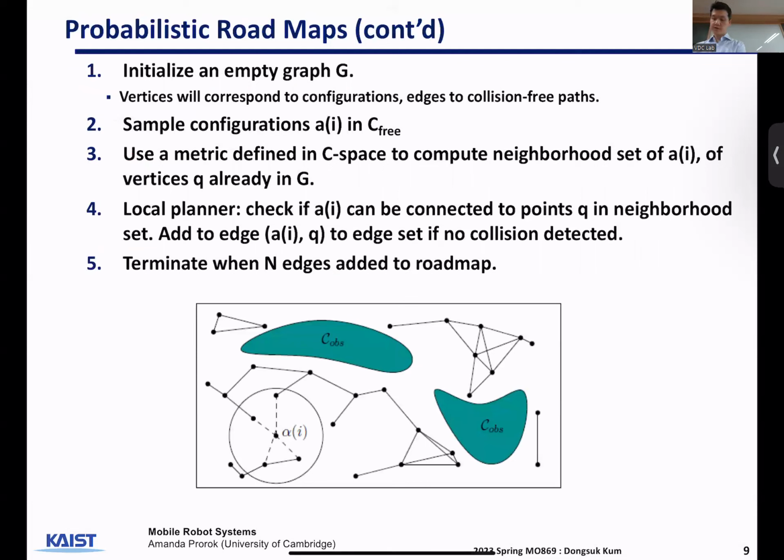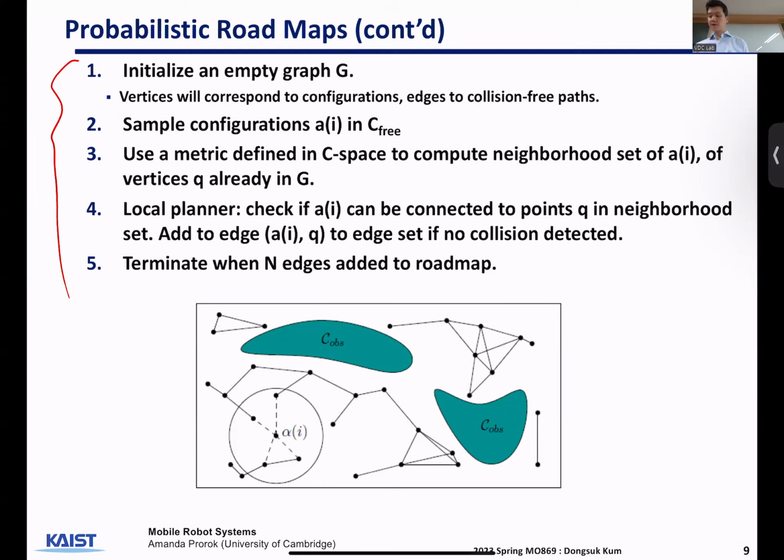Here are more detailed steps to construct a roadmap. You need to initialize an empty graph G. Vertices will correspond to configurations, edges to collision-free paths. Sample configurations αi in C-free.